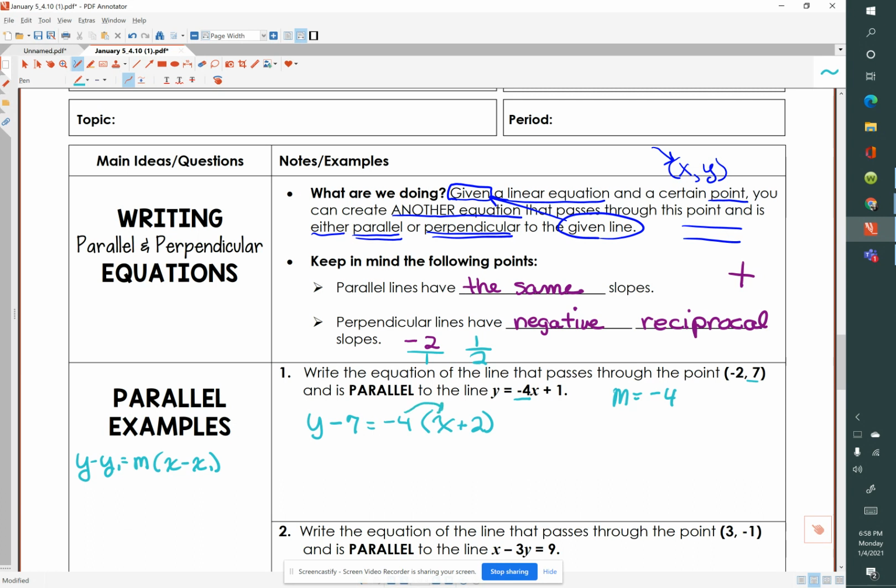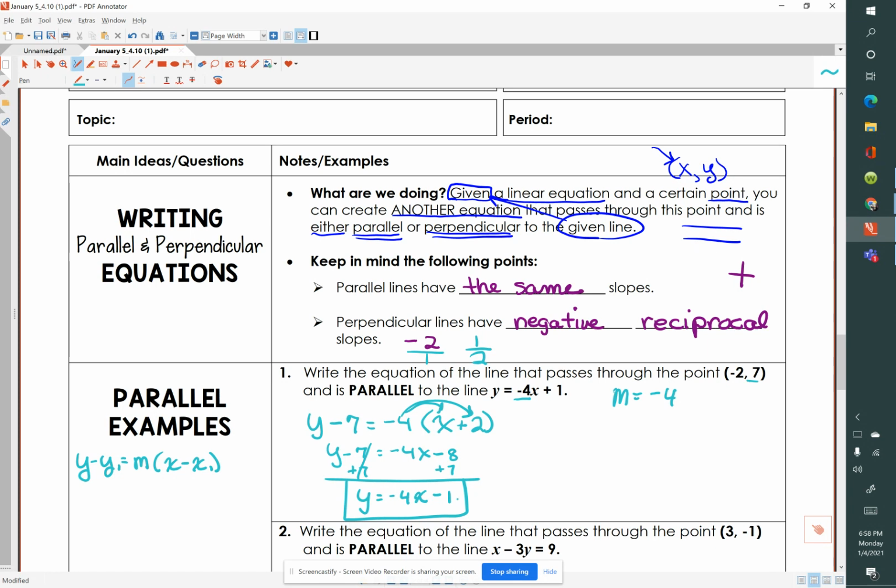Now we distribute. y minus 7 equals -4x minus 8, and we add 7 to both sides, and y equals -4x minus 1. And that's our final answer.